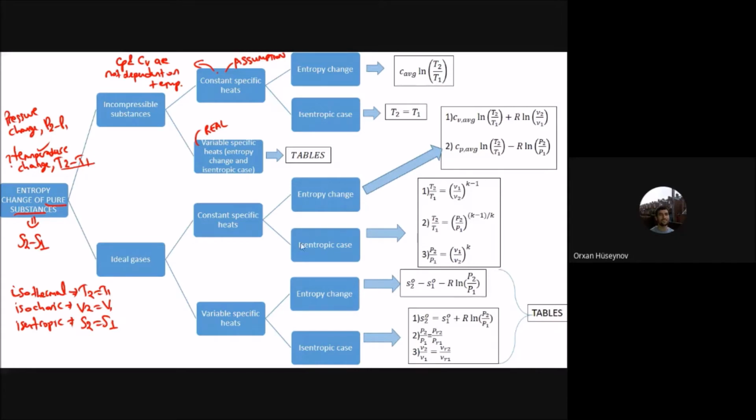For incompressible substances, if the temperature is constant, then the entropy is constant. It doesn't increase or decrease.